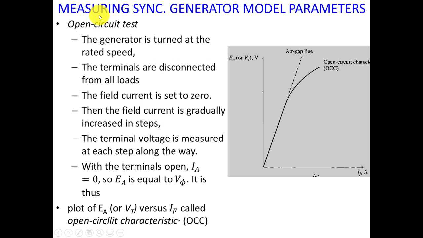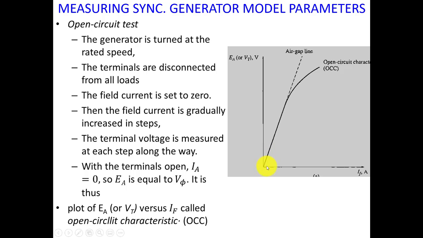First of all, we can do the open circuit test. In this, the generator is turned at the rated speed with the prime mover, and the terminals are disconnected from all loads. So there is no load connected to the generator. Now the field current is set to 0, and then the field current is gradually increased in steps, and the terminal voltage is measured at each step along the way.